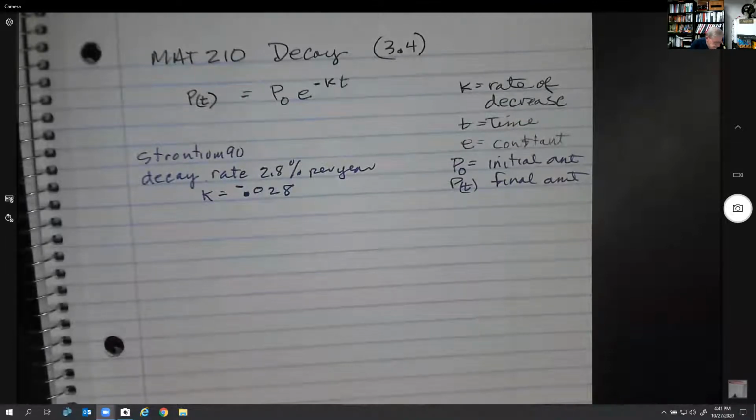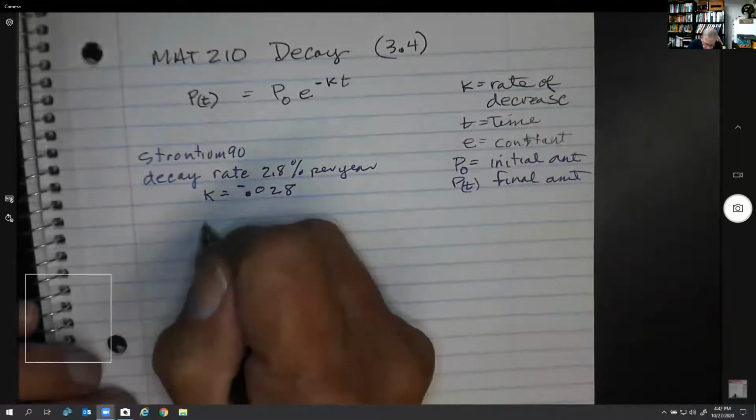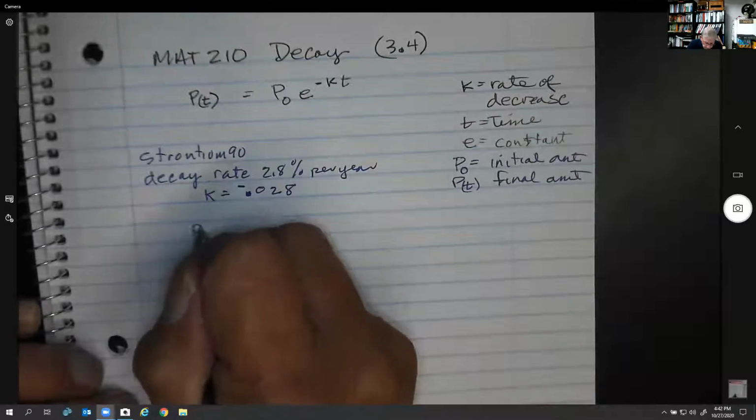That's basically the information they initially give us, that we have some strontium 90, it's decaying at 2.8% per year. So first of all, we want to write our initial function. Our initial function is nothing real fancy. It's just going to be the final outcome.